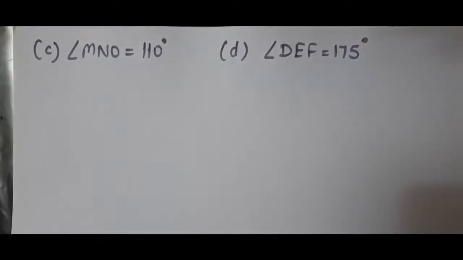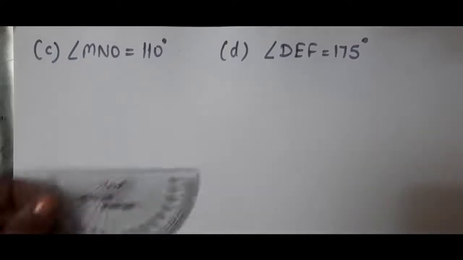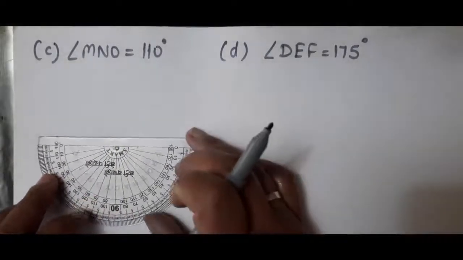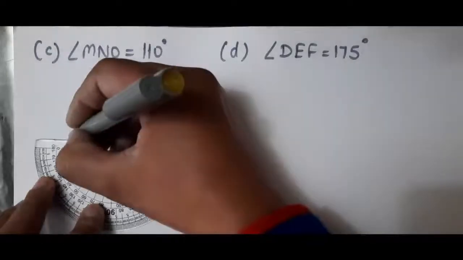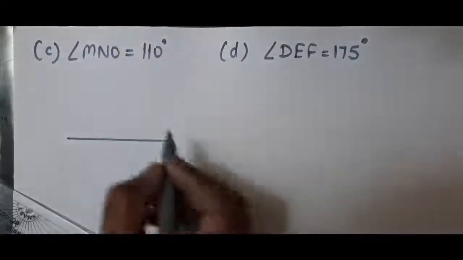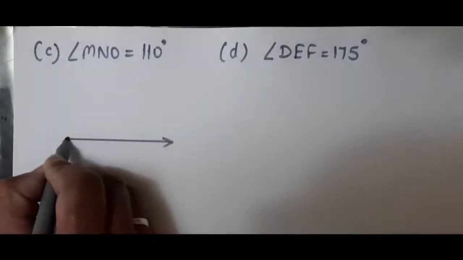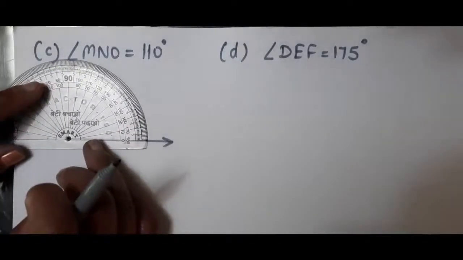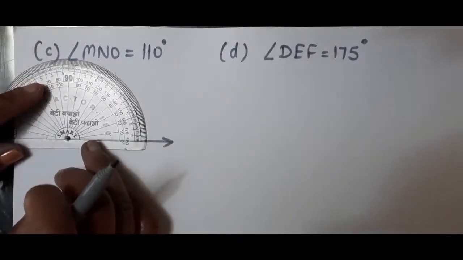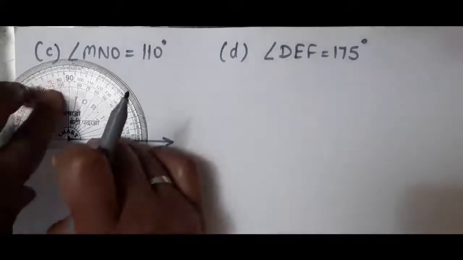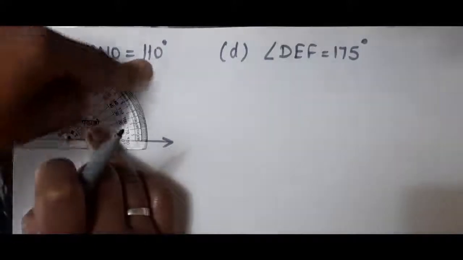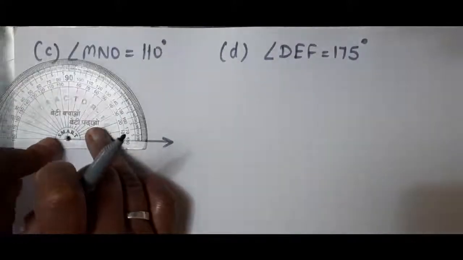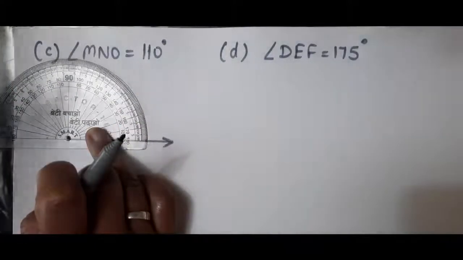Now C part, angle MNO is equal to 110 degrees. So first step is same. Draw a ray, highlight this point and place your protractor here. Now 110, you know that is greater than 90. So this 110 degree angle will be on the side away from this ray.